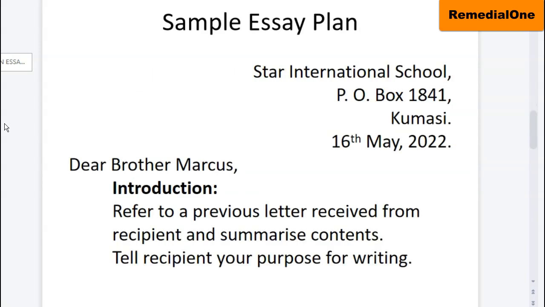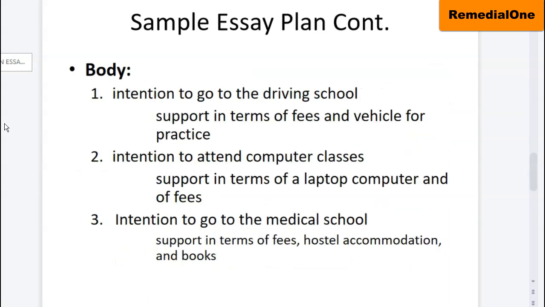The actual essay plan as we have it here is this from a candidate who attends Star International School and all the information given. Then the body where the candidate intends to go to the driving school and then attend computer classes and then go to the medical school.